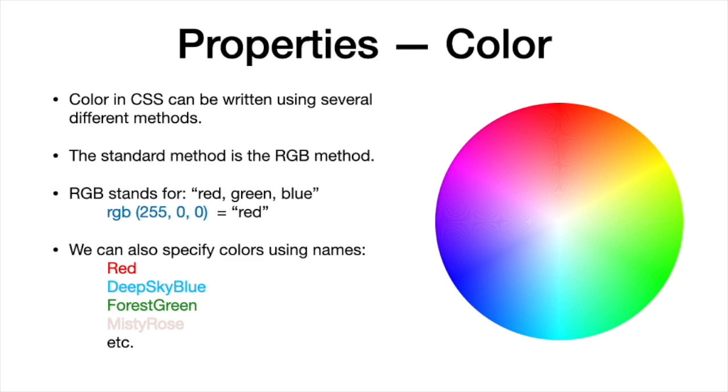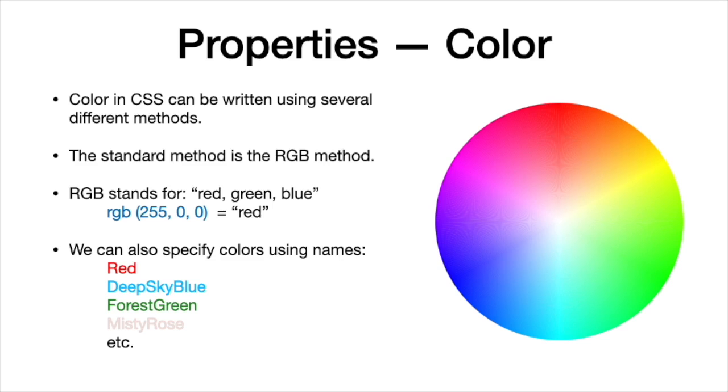The standard method is the RGB method, where we decompose the color into its composite parts. RGB stands for red, green, and blue. So if we want to specify red, we give it maximum value for red and minimal values for green and blue.